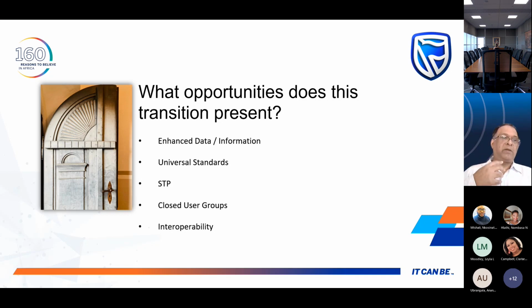If you look at the drive by central banks to adopt and experiment with central bank digital currencies, CBDCs, the platform now doesn't matter. If I have a universal standard and I'm carrying a payload, how can I integrate with and leverage off those platforms?